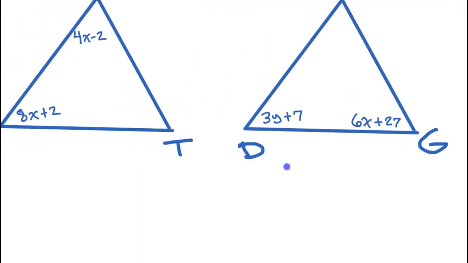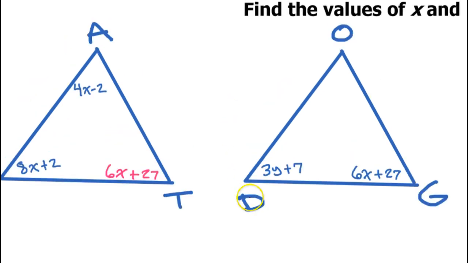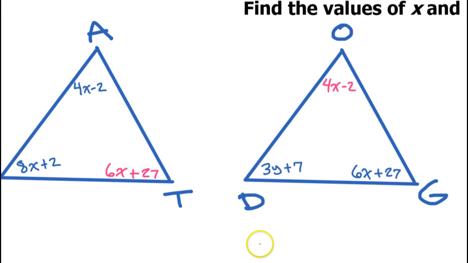All right, they're congruent. So I should be able to go ahead and put a 6x plus 27 right here. Similarly, if I wanted to, A and O are the same, so I could put a 4x minus 2 right there.